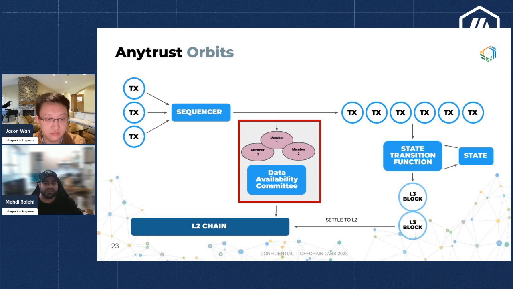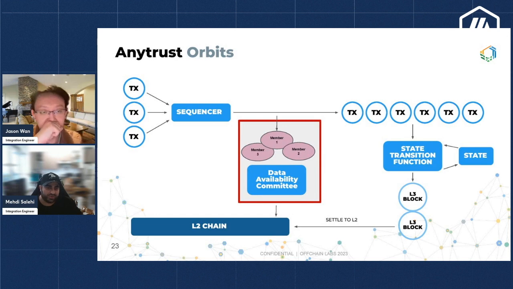These members attest that they keep the data of those transactions, and just send that attestation each time to the L2 chain, which is a kind of aggregated BLS signature. In this way we reduce the fees a lot.